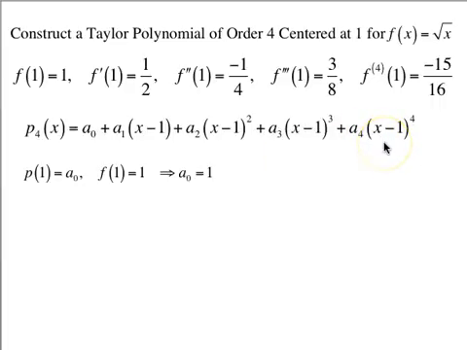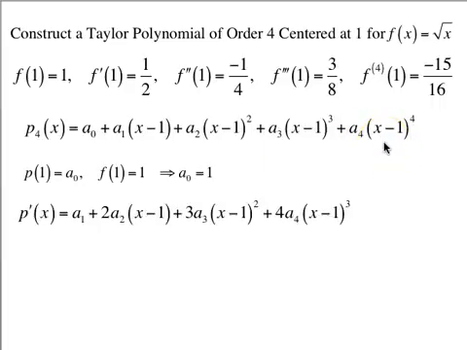The derivative of this piece, 4a4 times x minus 1 cubed. As I plug in 1, this is 0, this is 0, and this is 0. All that's left is a1. So p prime of 1 is a1. f prime of 1 is a half. We want these to be equal, so a1 will equal a half.